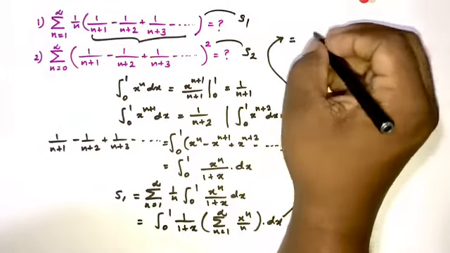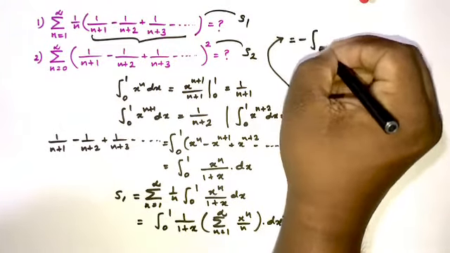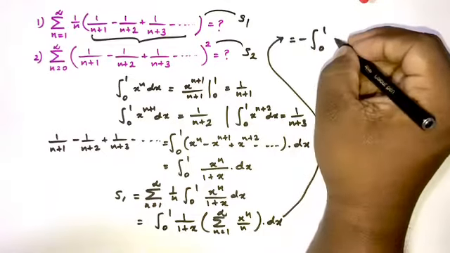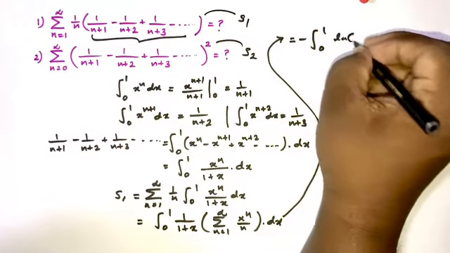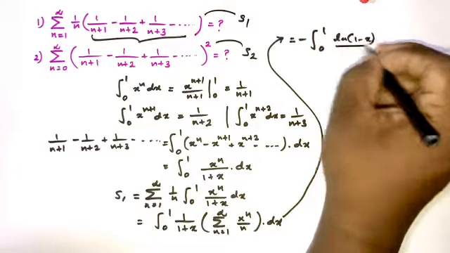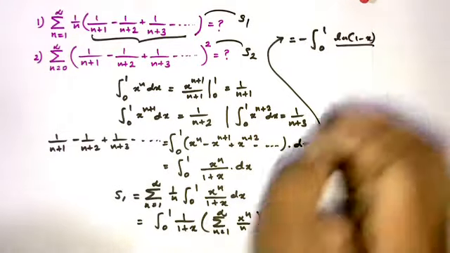So we can write minus the integral from 0 to 1 of natural log of 1 minus x over 1 plus x dx.